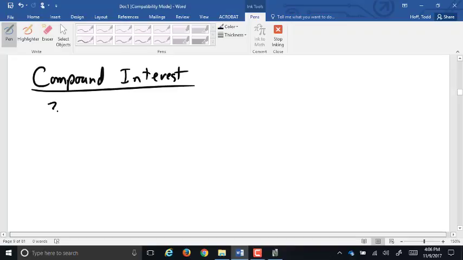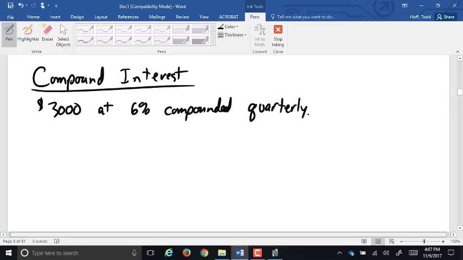We're going to do $3,000 at 6% compounded quarterly for 3 years. So the key word there is compounded quarterly. What that means is every quarter, or every 3 months, the interest is calculated and added into the account.